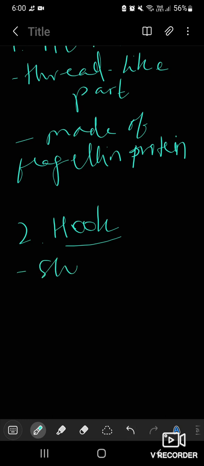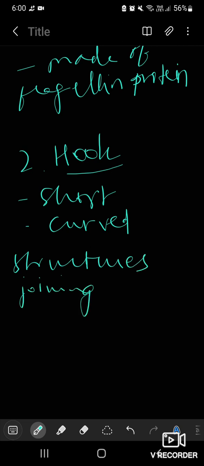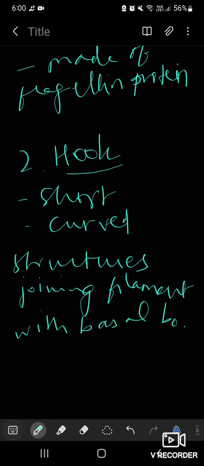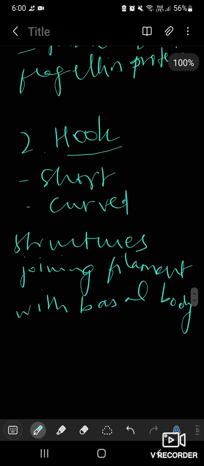So they are short curved structures joining filament with basal body.